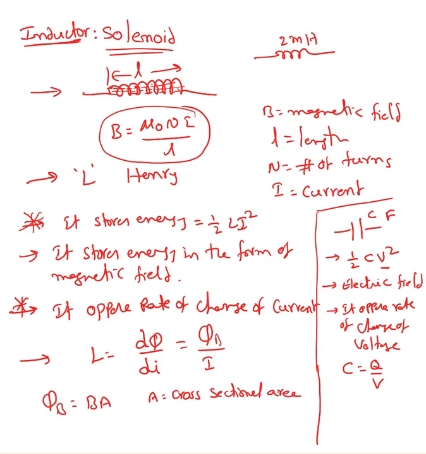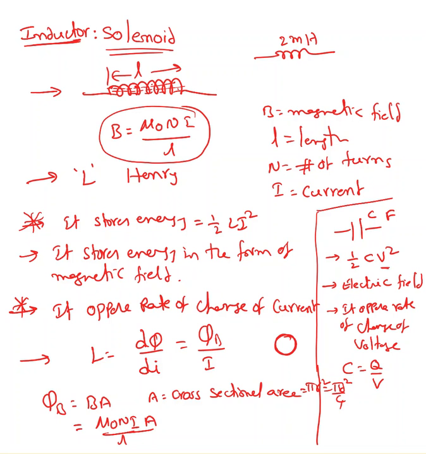When you look at it from the side, this is what we see from the side view. This cross-sectional area is nothing but pi r square or pi d square by 4. Now phi B, I can say mu naught n I over L times A.